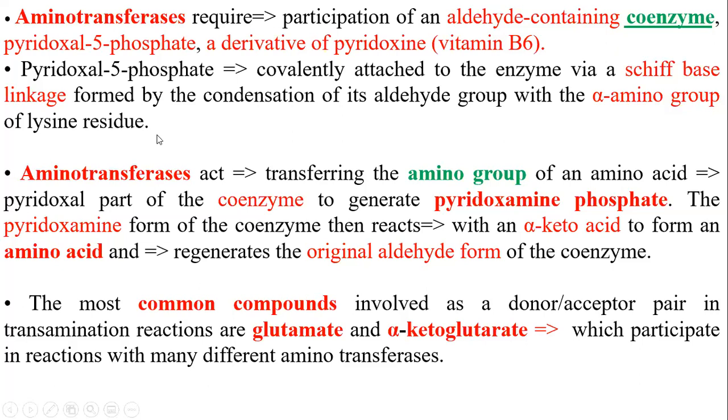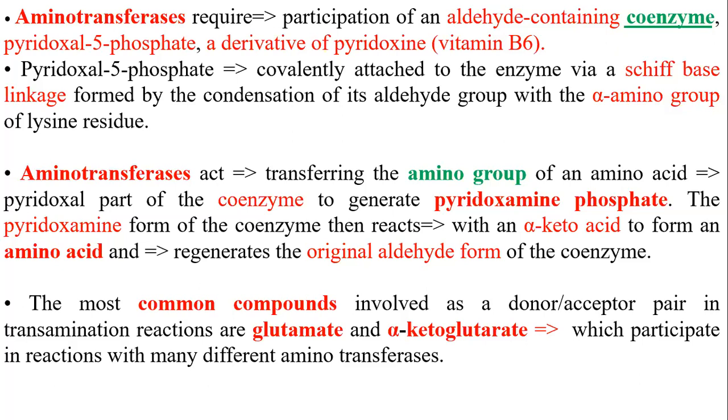Aminotransferases act by transferring the amino group of an amino acid to the pyridoxal part of the coenzyme to generate pyridoxamine phosphate. The pyridoxamine form of the coenzyme then reacts with an alpha keto acid to form an amino acid and regenerates the original aldehyde form of the coenzyme.